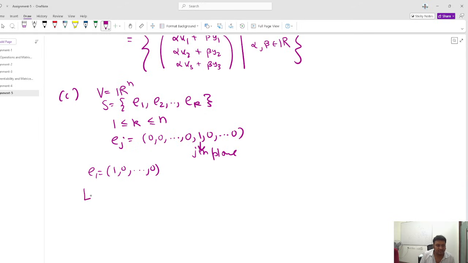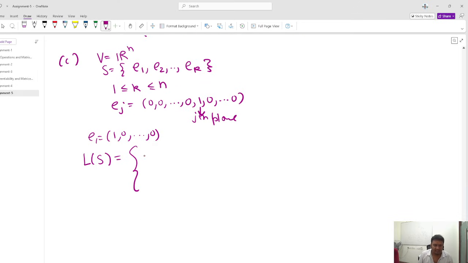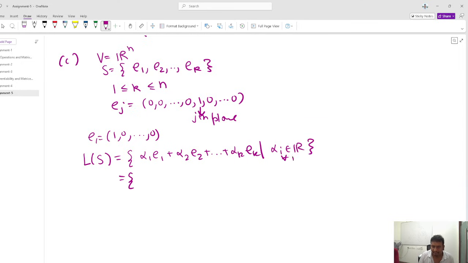So you have been asked what is L(S). So just by definition, what is L(S), guys? L(S) is the collection of all possible linear combinations, α1 e1 + ... + αk ek, such that αi belongs to R for every i from 1 to n.